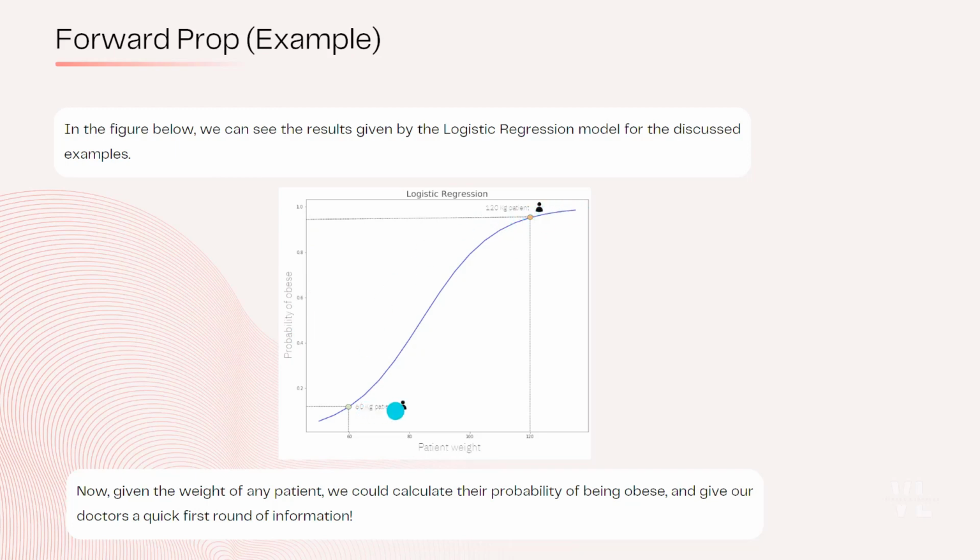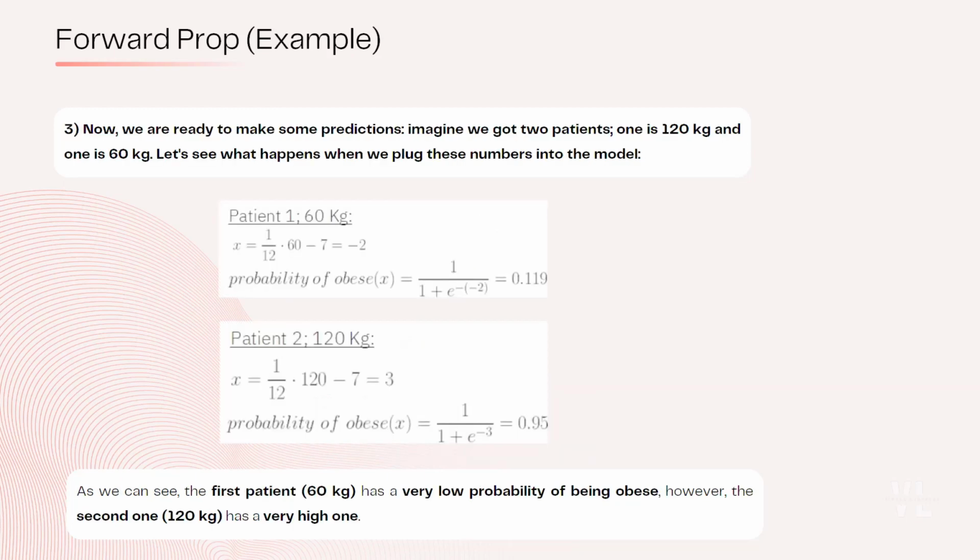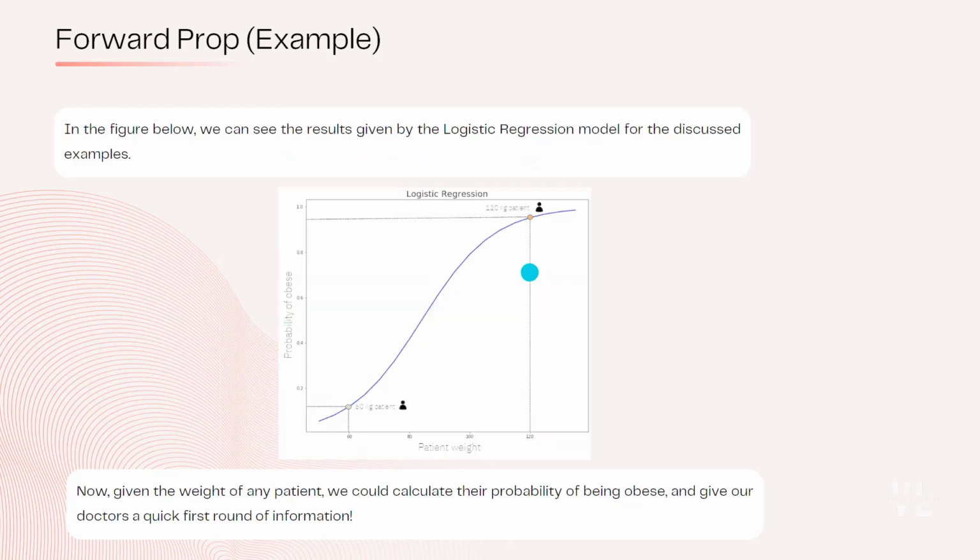And the second patient, who has a weight of 60 kilograms, has a probability of being obese of 0.119, and we can get this value from the y-axis and plot this point. So you can see that this patient falls below the threshold value of 0.5, so it's predicted as being not obese.